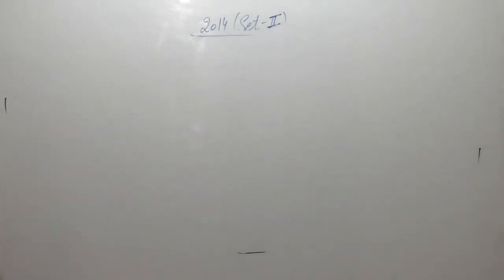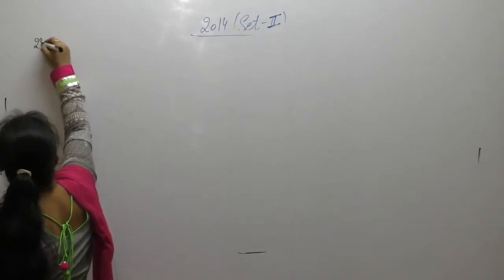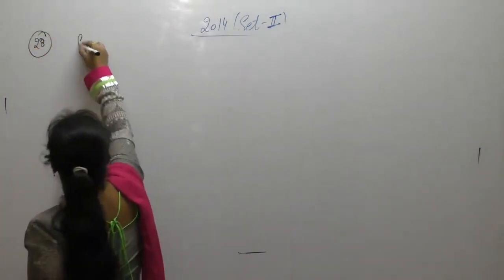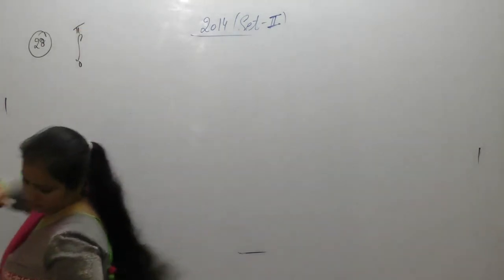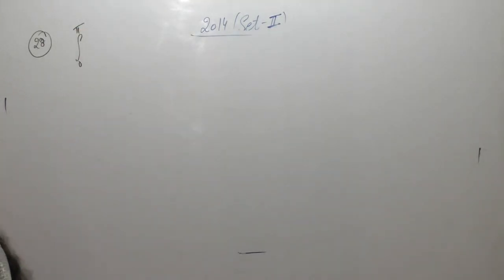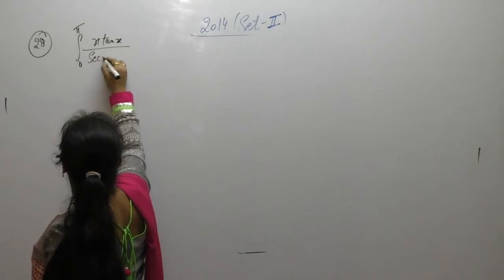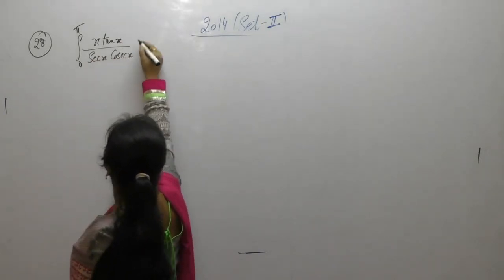Next question which is different is question number 28. Evaluate the integral from 0 to pi of x tan x upon sec x cosec x dx.